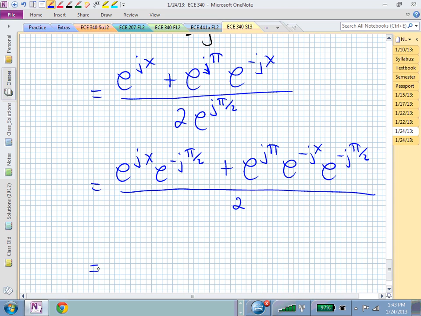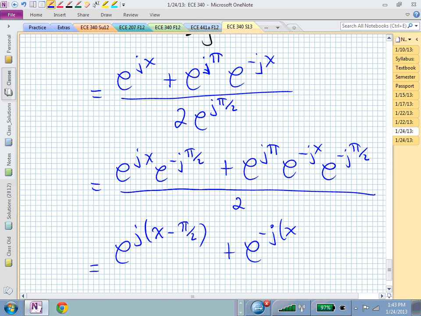Now let me combine my exponents. E to the j, and this is now x minus pi over 2, plus e to the minus jx, and what do I have left over? If I look at what I have over here, I have j to the pi over 2.